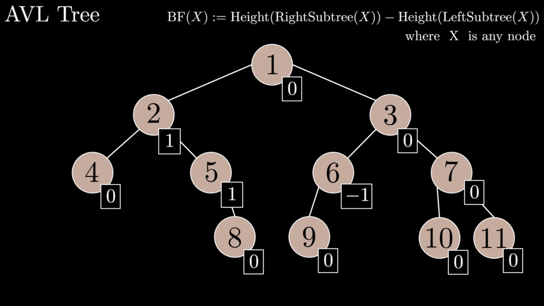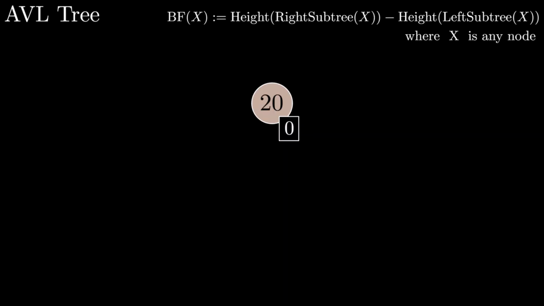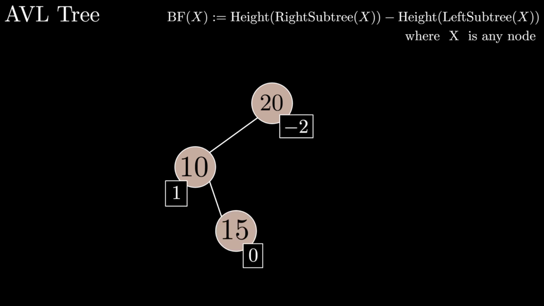If an insertion or deletion causes the balance factor to go outside the allowed range, the tree automatically performs a rotation to restore balance. For example, if we start with just a root node 20 and insert node 10, the tree is still balanced. However, upon inserting 15, the tree becomes unbalanced.